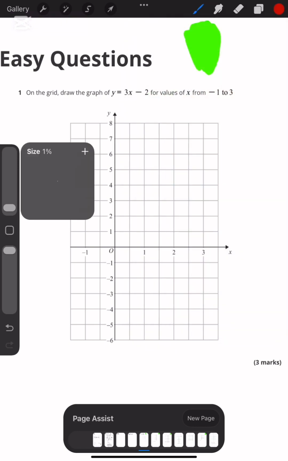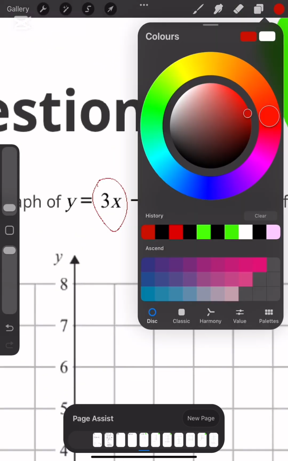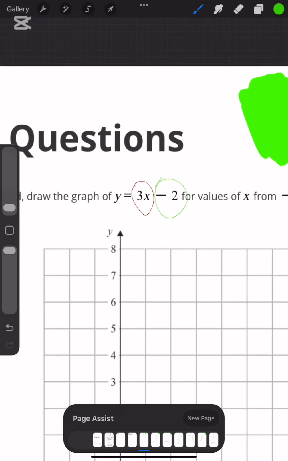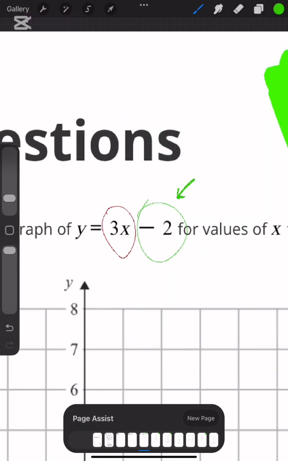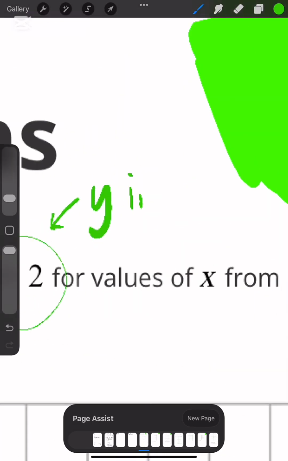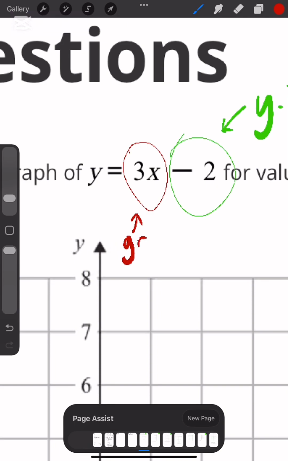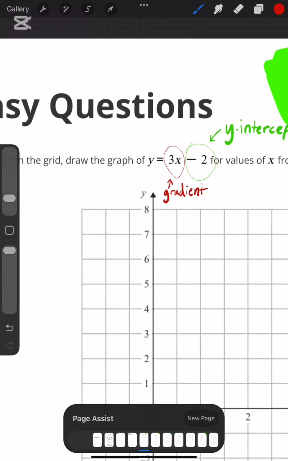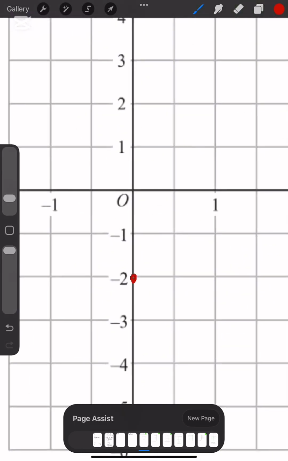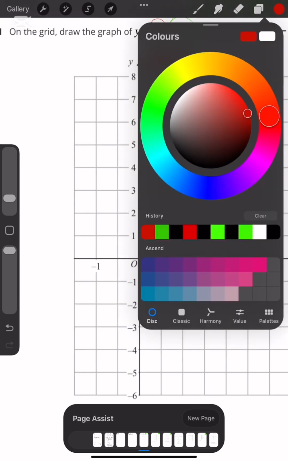We can try it in an actual question here, taken from an exam paper. There, so we've marked our gradient and our y-intercept. First, we start off by marking the y-intercept, because that's where we know where to start our line.